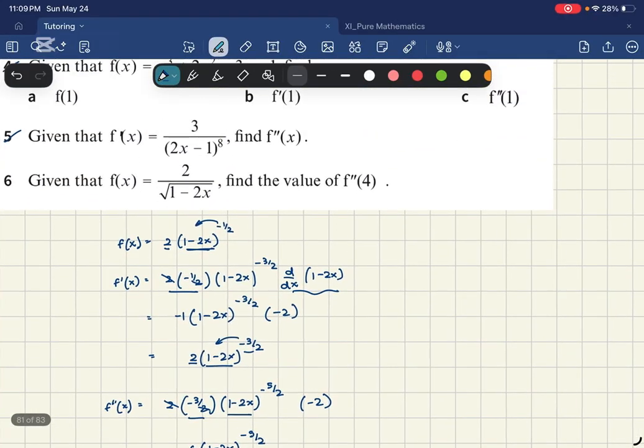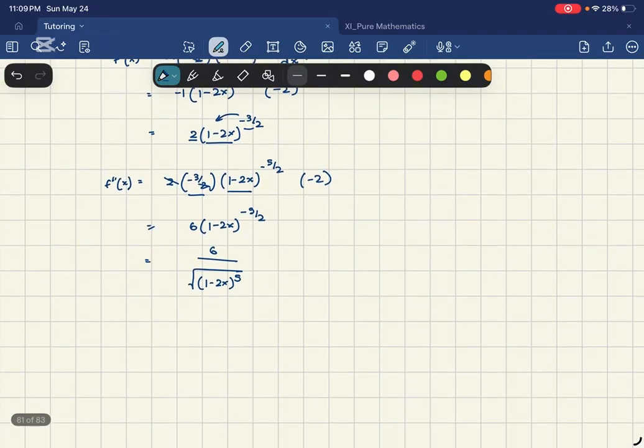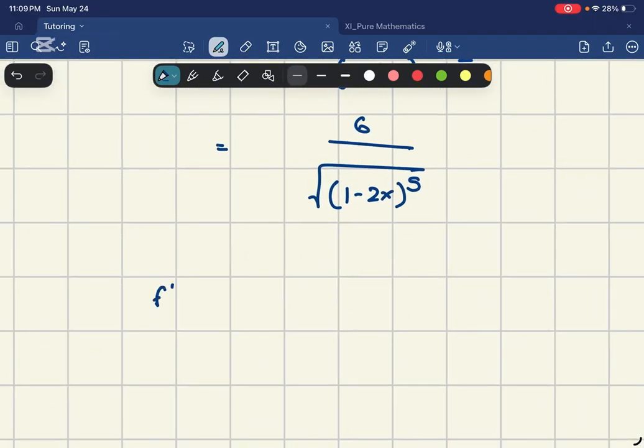But now I need to find f double dash when x is equal to 4. So f double dash of 4, I just substitute 4 into this expression. 6 square root of 1 minus 8, if I substitute 4 here.